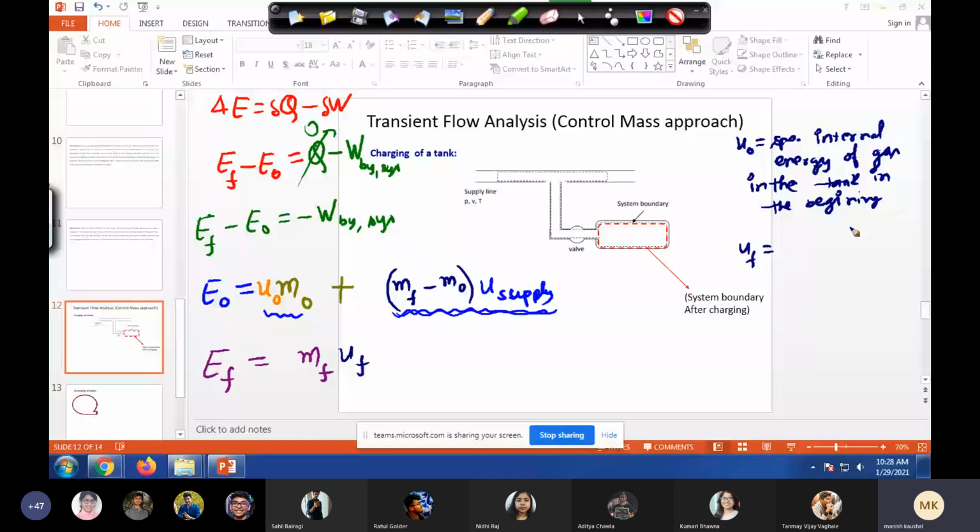Fine. So we know our E naught, we know our EF, we know the work done by the system. So then we just need to put these quantities properly.